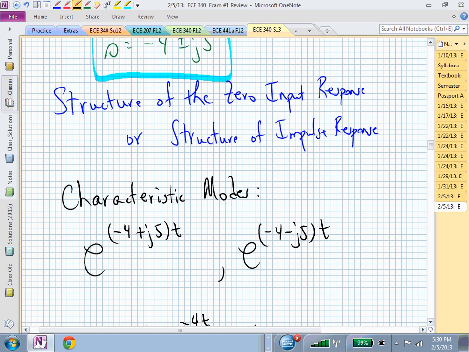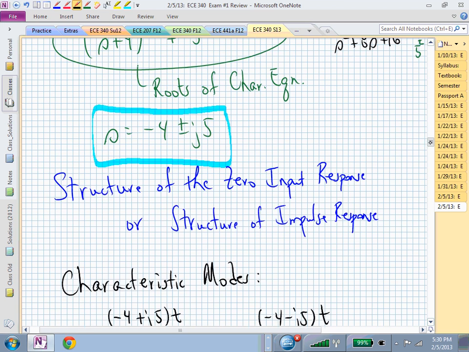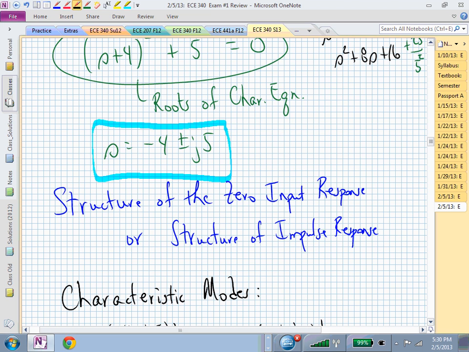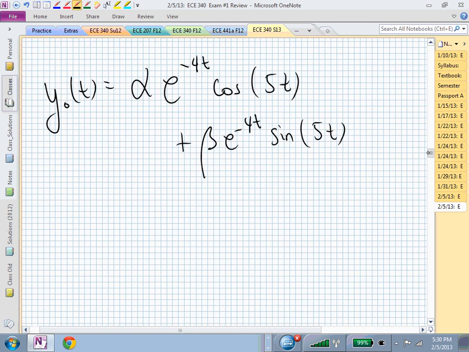The characteristic modes will be determined by the roots of your characteristic equation. If you have a root s1, which is minus 2 plus j3, then usually you might say this is minus sigma plus j omega sub d.